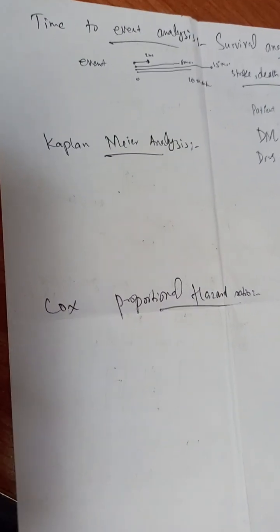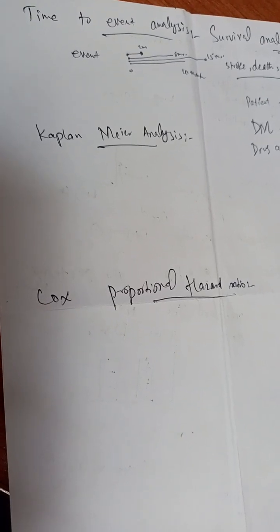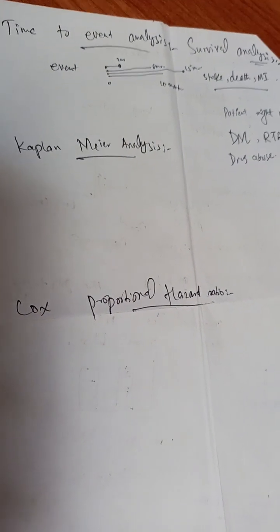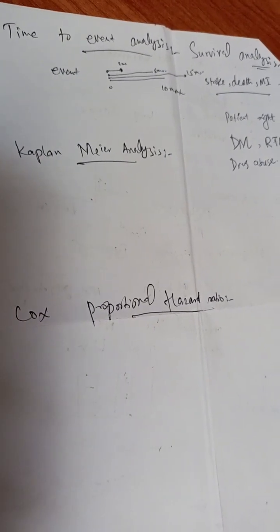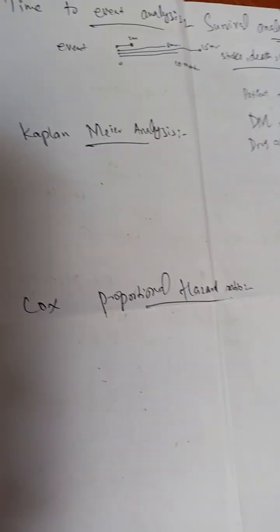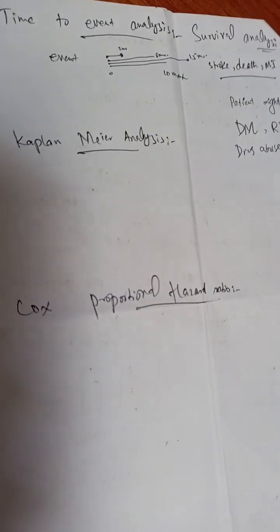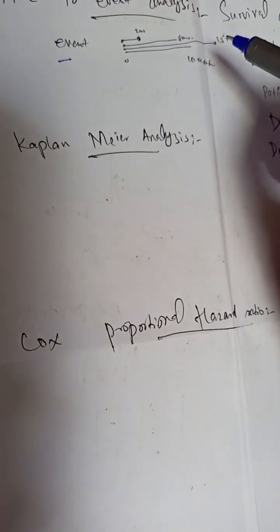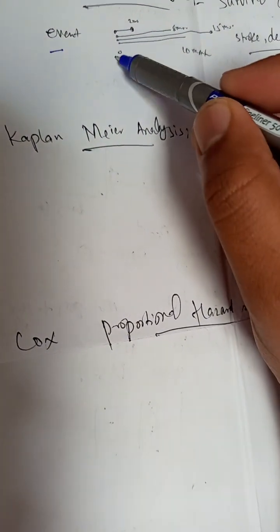So basically, in time to event analysis or survival analysis, many examples of medical research deal with an event that may or may not occur in a given time period.